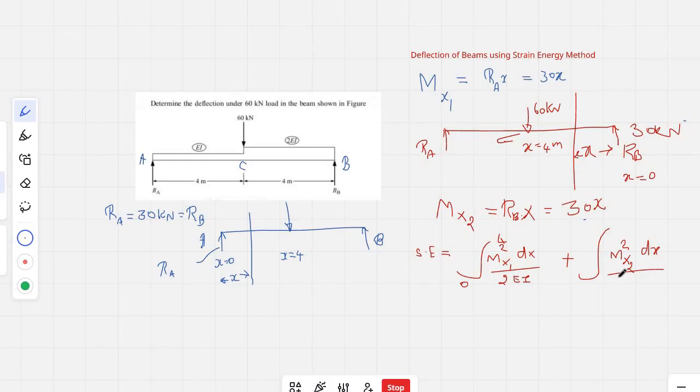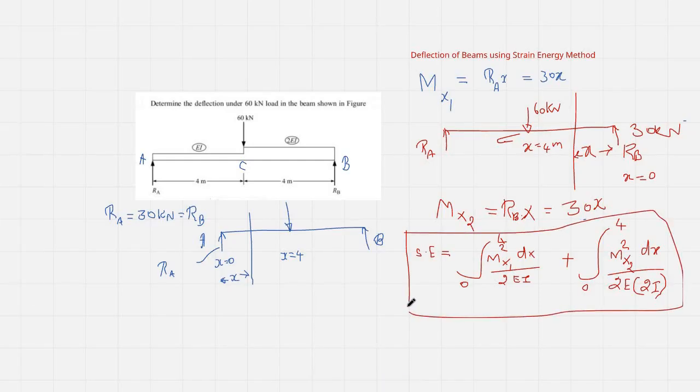The beauty of the equation is that at this location you will have 2E multiplied by 2I, because this part of the beam CB has twice the flexural rigidity when you compare it with the first part, that is AC. The limits are between 0 to 4. So now you can evaluate in any manner. I have taken A as origin for the first half AC, and for the second half of the beam I have taken B as the origin. So this is the total strain energy that we have to evaluate.